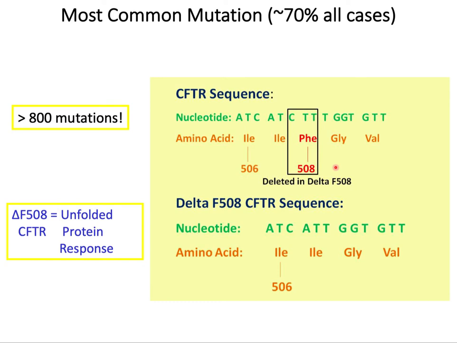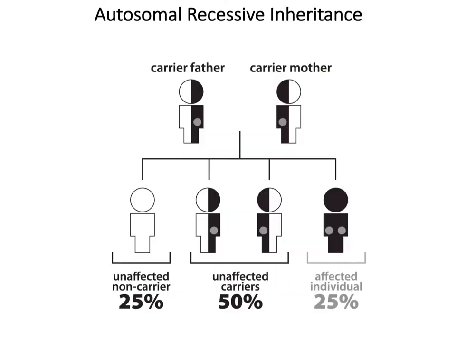And you will remember from our discussion on vesicle trafficking that when a protein is misfolded in the ER, it is transported into the cytosol and is degraded. So most of the individuals who have this particular mutation are missing this CFTR transporter altogether because it is degraded through the unfolded protein response.